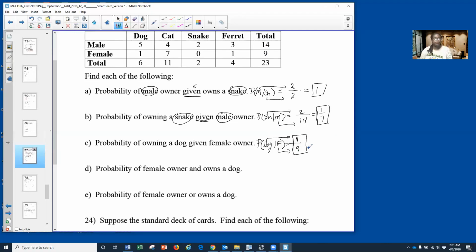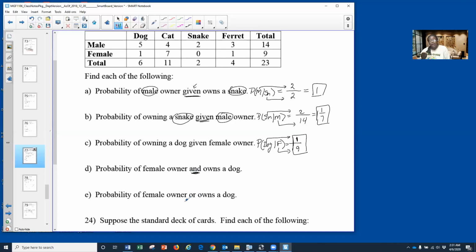The next one, probability of a female owner and owns a dog. Now you notice here they changed the word. So now we have and. What do we know about and? Think about it. You have a female owner and owns a dog.